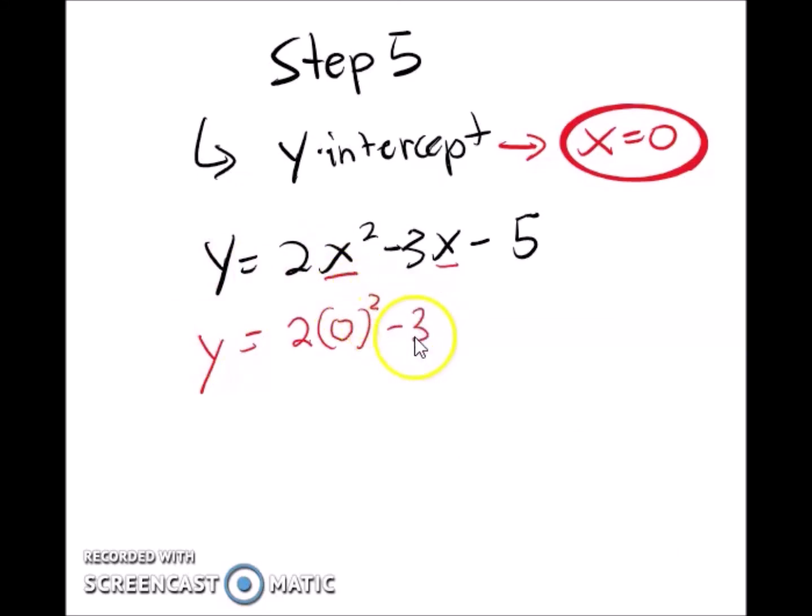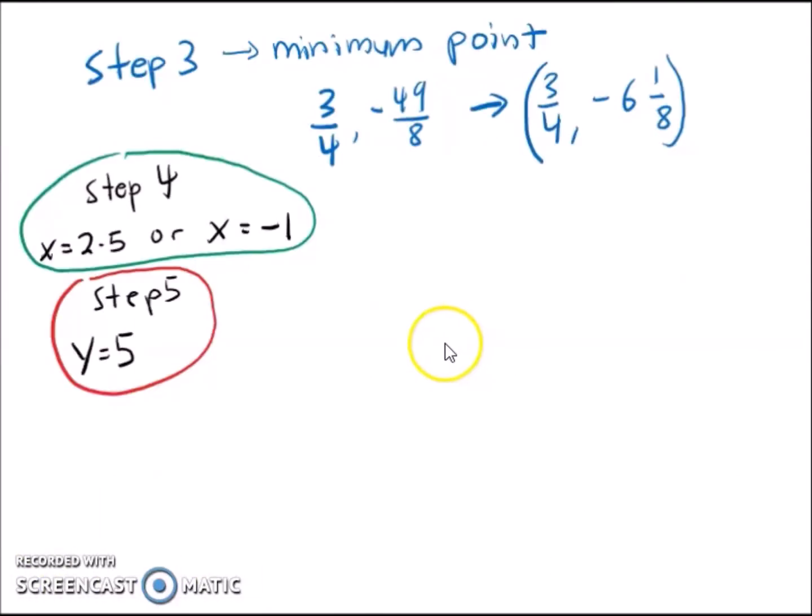Then here we have 3 multiplied with 0, and then minus 5. So both of these values will become 0, and the y you'll be getting is negative 5. Okay, now we got all this information from steps 3, 4 and 5.